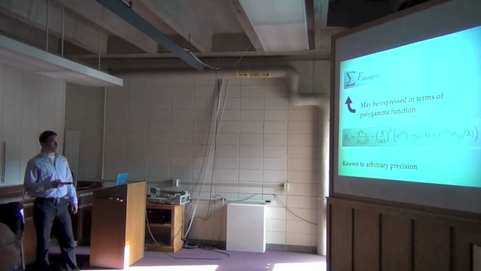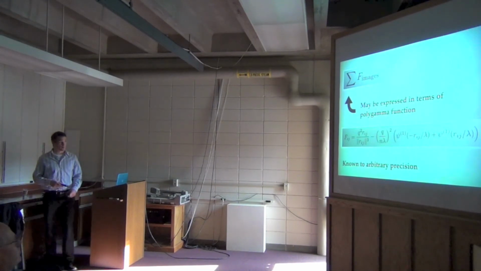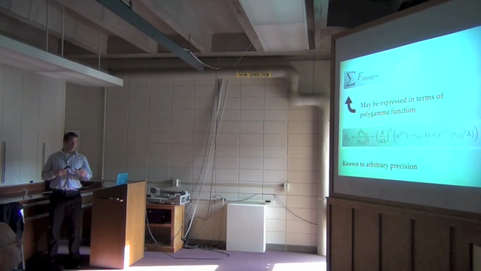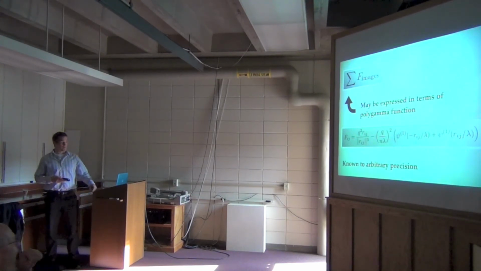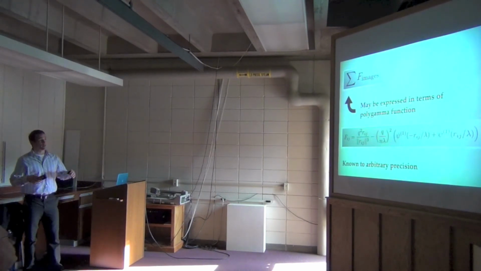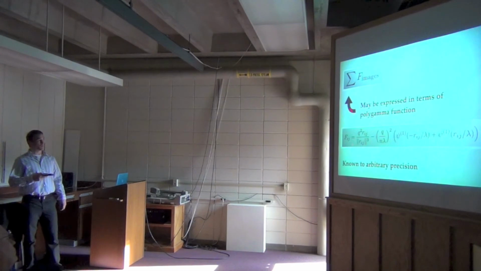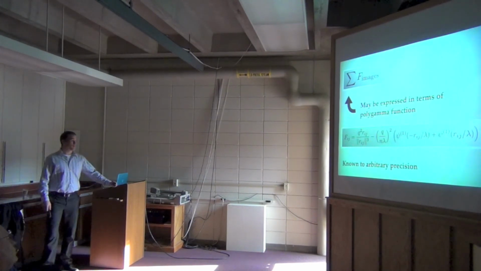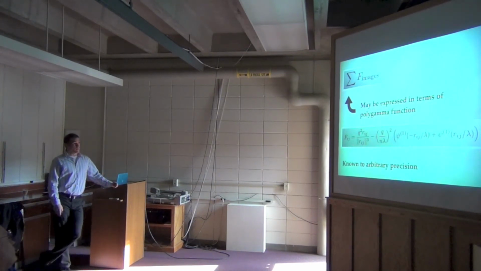And why is that useful? Well, they're known to arbitrary precision, and it really simplifies the sum, because instead of having to cut off at some order, we can consider all orders and just perform the sum once to find the forces. So this is unique to the one-dimensional case.